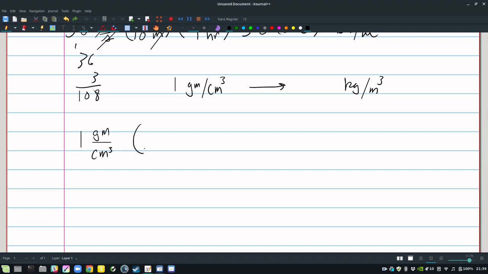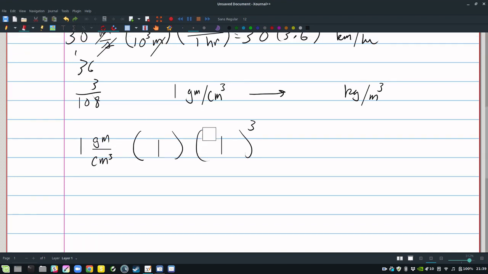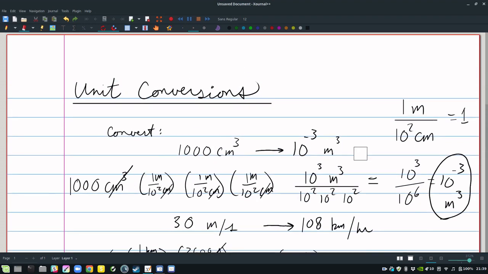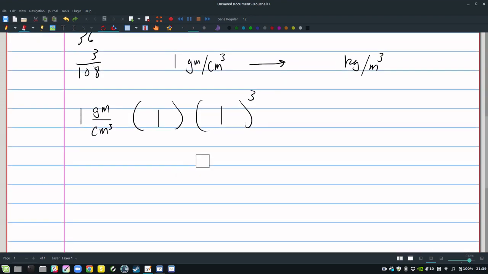Let's multiply by 1 and then 1 cubed. I'm going to do the length because I did centimeters to meters cubed up here, and I did the same thing 3 times. So I think it's more efficient. Something cubed is like doing the same thing 3 times.